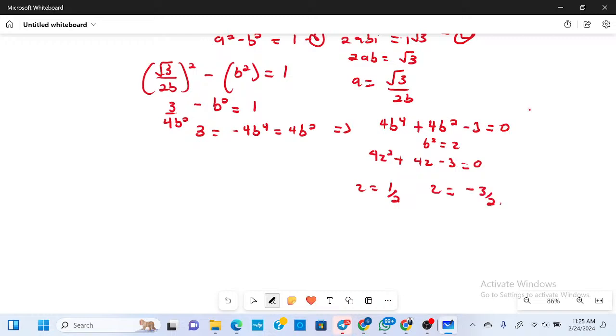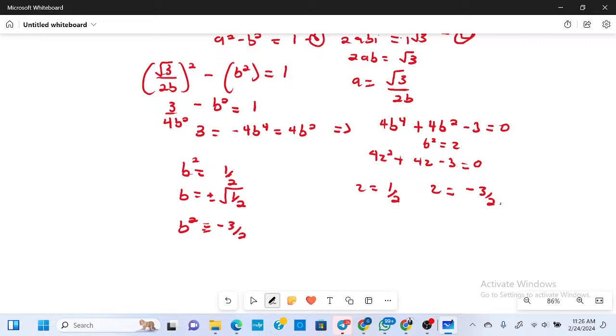So at this point, you know that b squared is equal to z. I'm looking for the values for b. So b squared is equal to 1 over 2, so b is going to be plus or minus square root of half. B squared is also equal to negative 3 over 2.